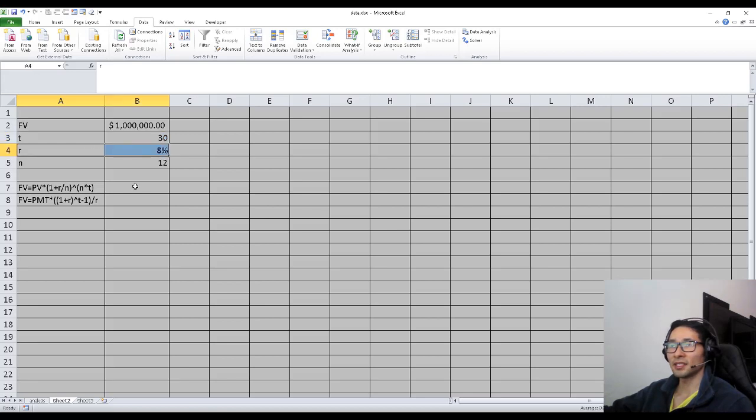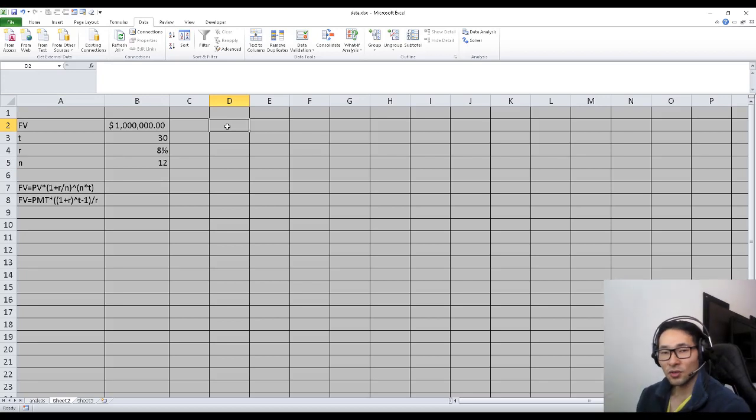My return rate is 8% because I think 8% is a reasonable return rate based on the risk I'm willing to take. And finally, n equals 12 because here we'll consider that interest is compounded monthly, and it will also make it easier for us to calculate the periodic values on a monthly basis.